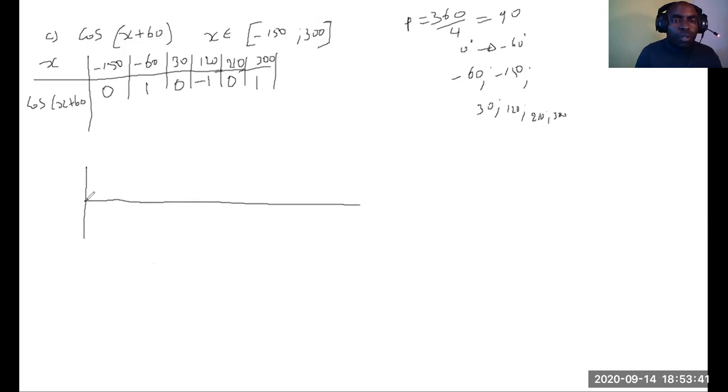Let me remove this one. So we'll put inside here. Good.